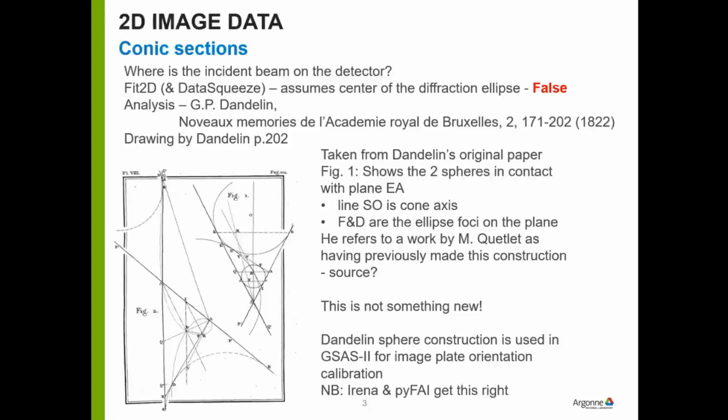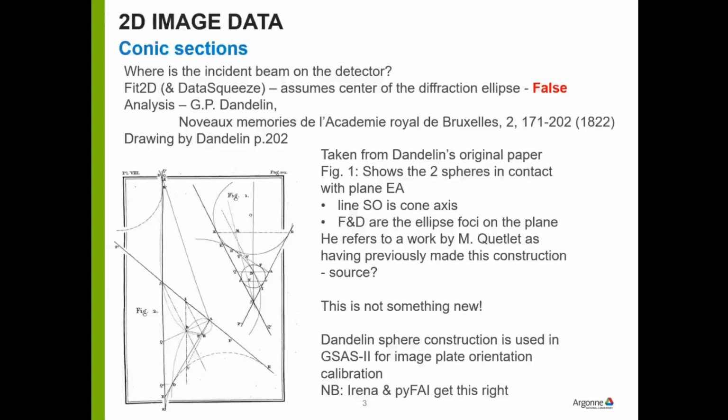That is the cone axis. That's the beam. My point is, this is not something new. This is really, really old geometry. And this is the construction that we use in GSAS-II for this particular issue.